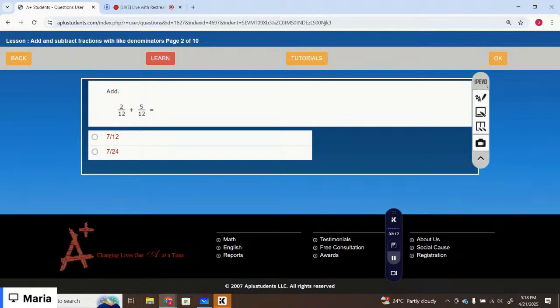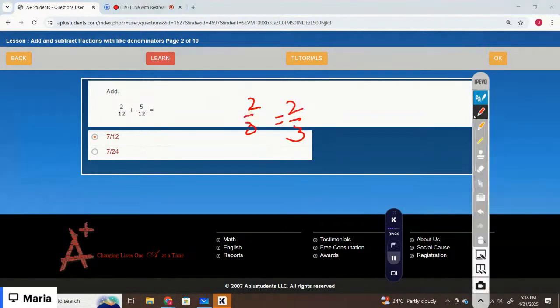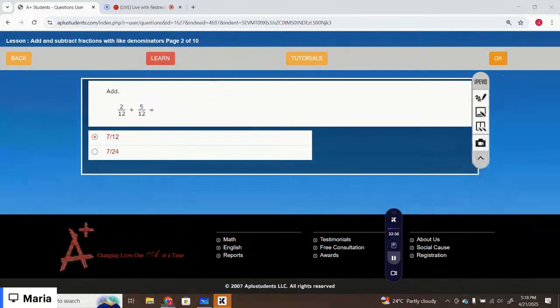Option number 1 is the correct option. You just have to add the numerators. The denominator is always the same. That is 12. Keep it as it is. 5 plus 2 is 7. That is 7 over 12. Option number 1 is the correct option.